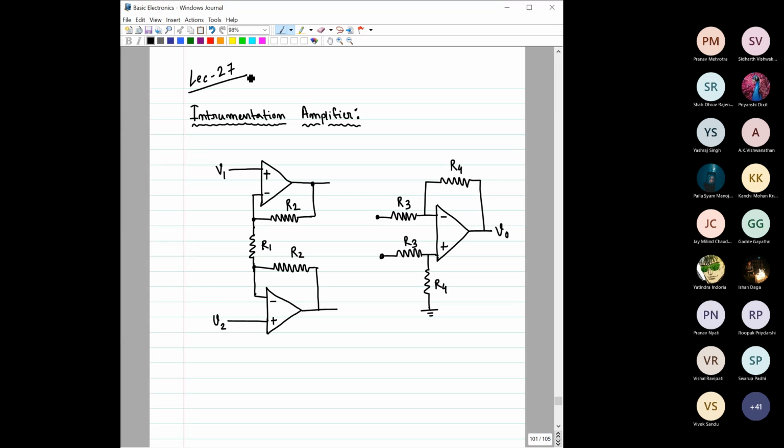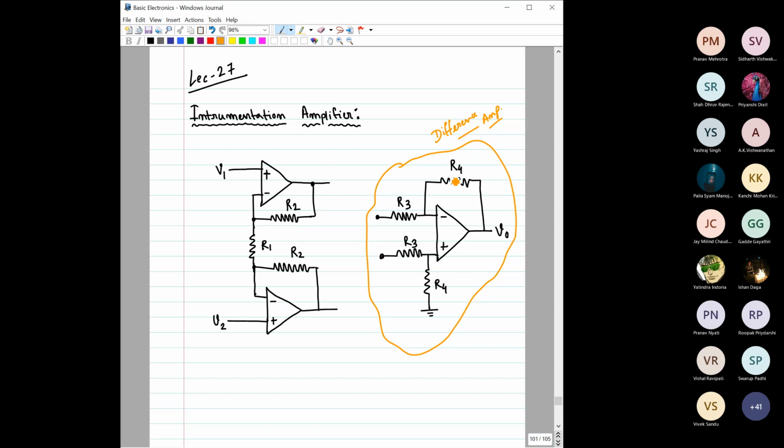This is called the instrumentation amplifier. If you notice this part, what is it? This part is nothing but the difference amplifier, that is what we have studied. But we are not only using this, we are also using some additional part with it.